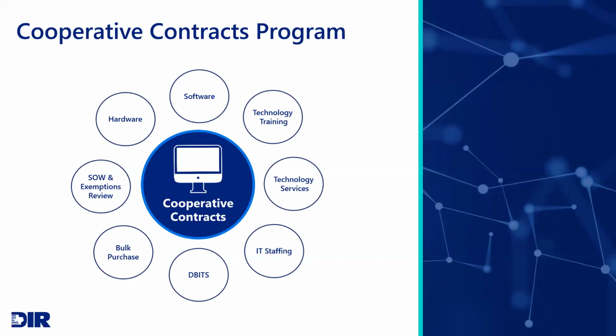There are also technology services contracts available for things like training services, cybersecurity services. This also is where our IT staffing services contracts lie. Our deliverables-based IT services contracts are also part of this program. The bulk purchasing opportunities are also part of our cooperative contracts program. And then for you state agencies, this is also where the statement of work and the exemption review processes happen at DIR.